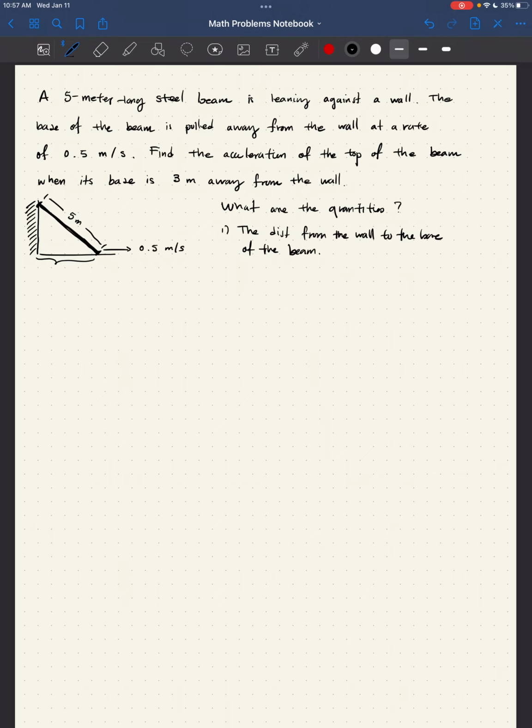Another quantity that might be of interest for us is the distance from the top of the beam to the point of intersection between the wall and the ground. That one indicated there.